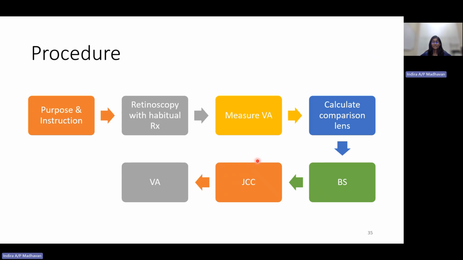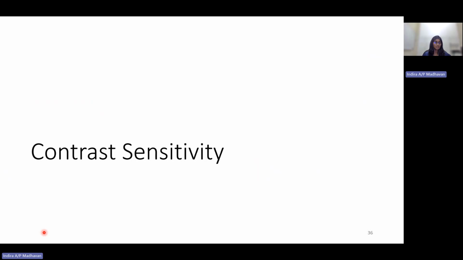Once the sphere is achieved, then JCC and VA measurement. This is how we do refraction on a patient with low vision. So that's about the procedure.